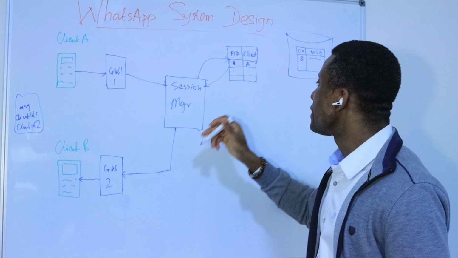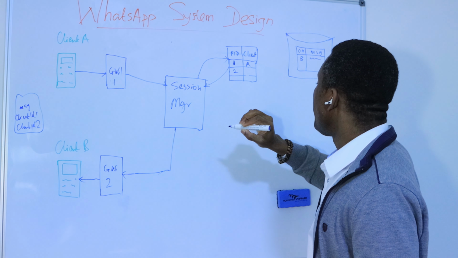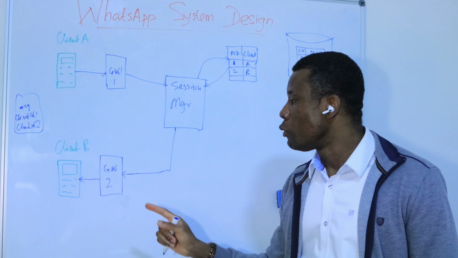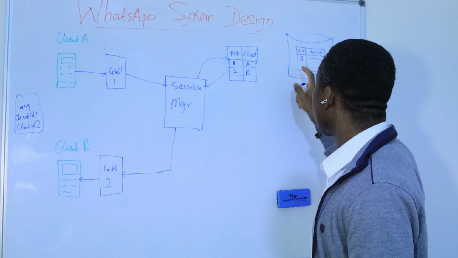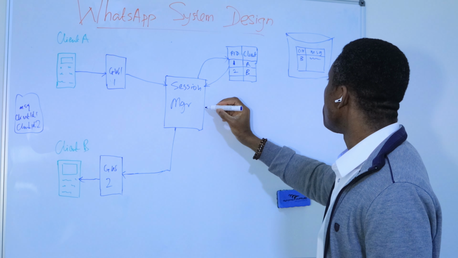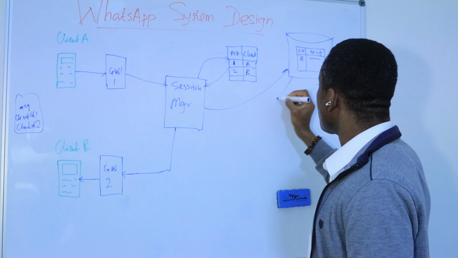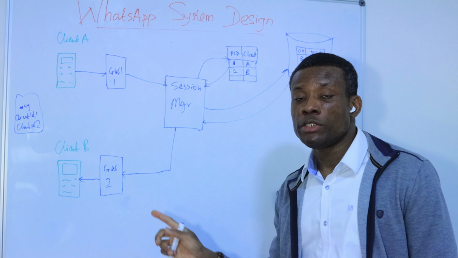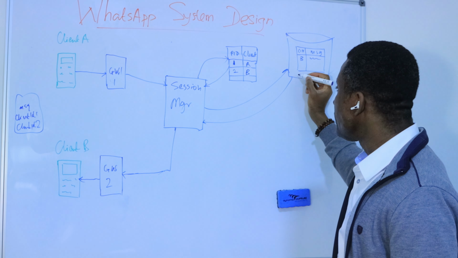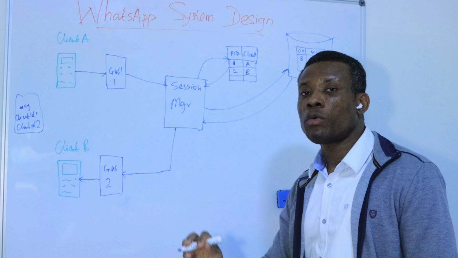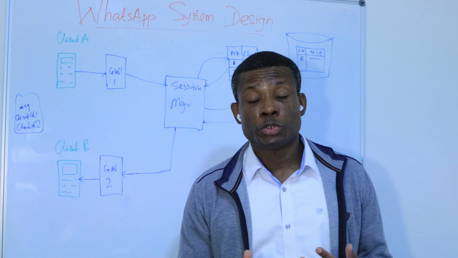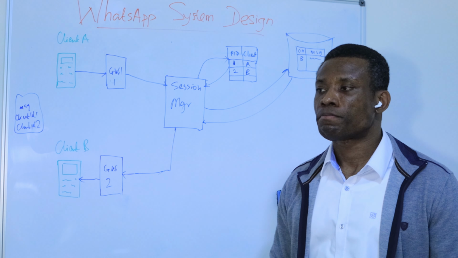A process will be started, PID 2, and client B. At the same time, once it connects, the session manager is also going to pull this table for any messages for the newly connected client. And if it finds any, it's going to pull them out and forward them to the client. So in this way, we've achieved durability. Message is not lost.